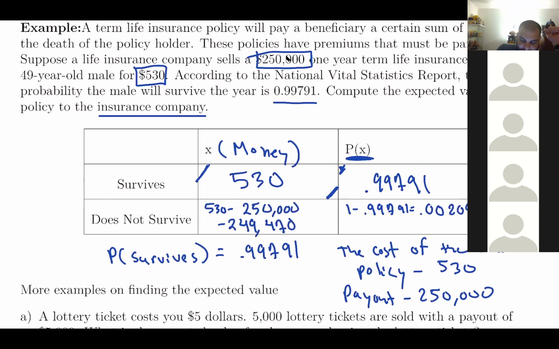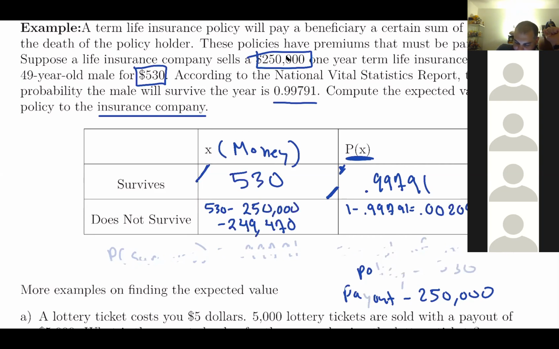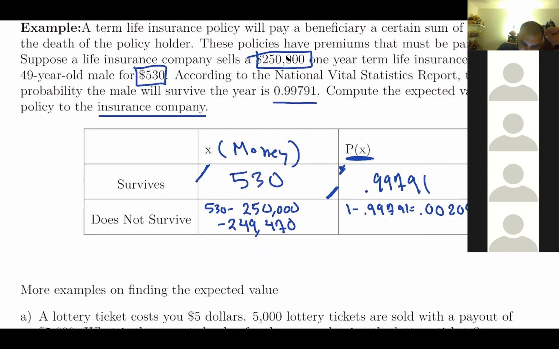All right, let me do some cleanup. If you remember the formula to find the mean, it's the same formula for the expected value. You get the x value, multiply by P of X, and then add those values up.